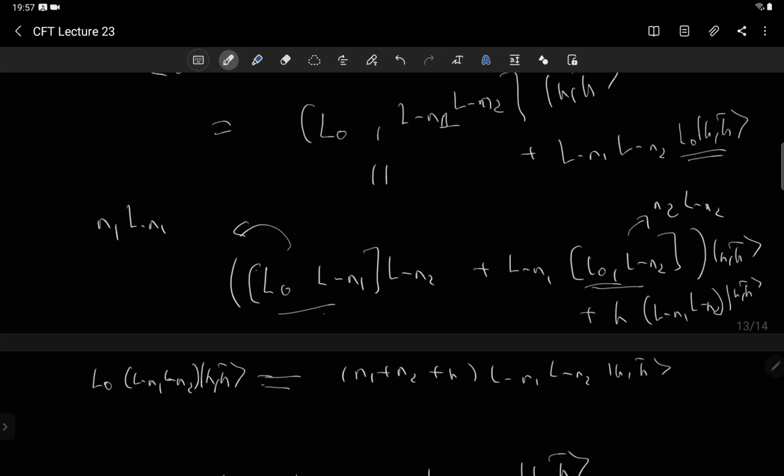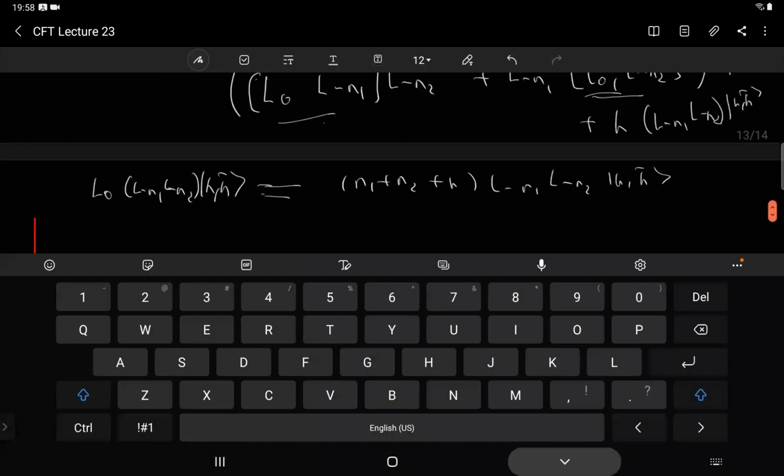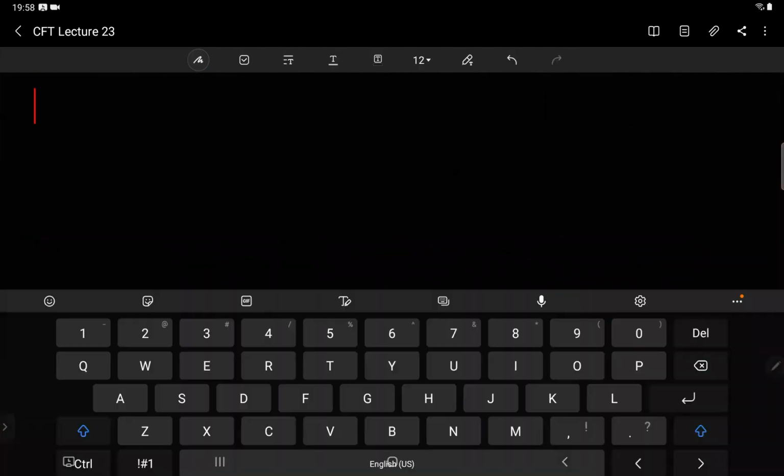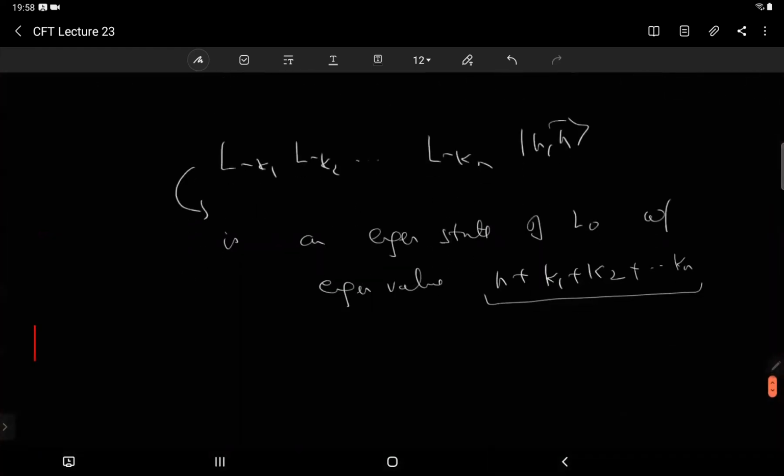Okay. So that means that this L minus n1 L minus n2 acting on h bar is also an eigenstate of L0, eigenvalue n1 plus n2 plus h. Okay, sir. So basically, as I said, all these states with any number of L minus k are eigenstates of L0, but they are not primary states.